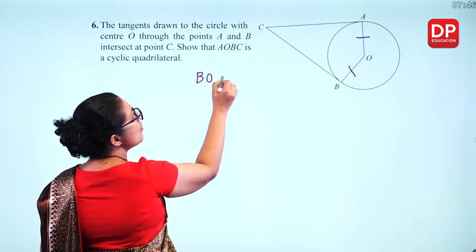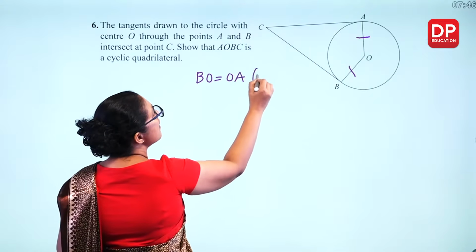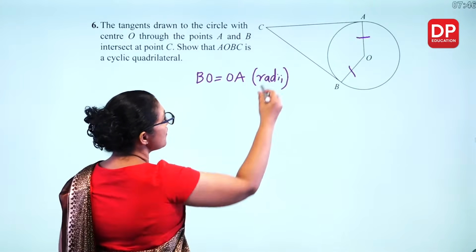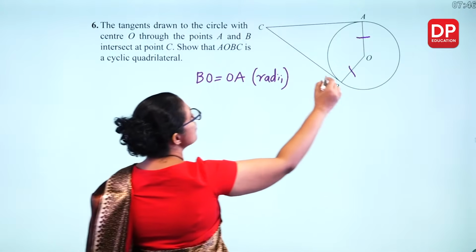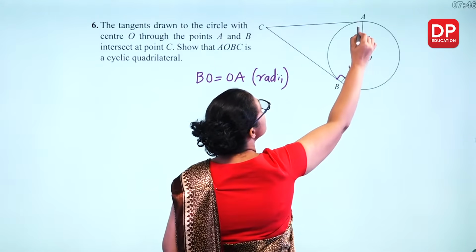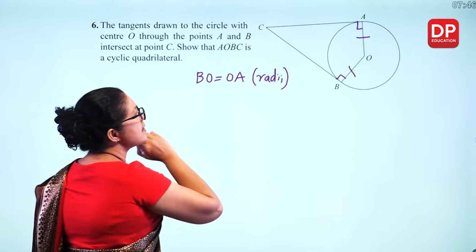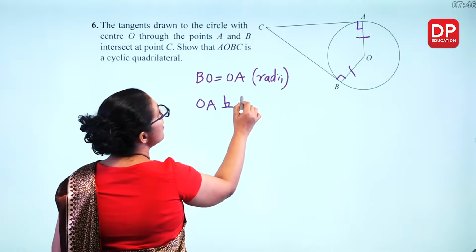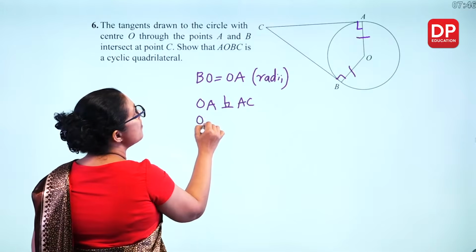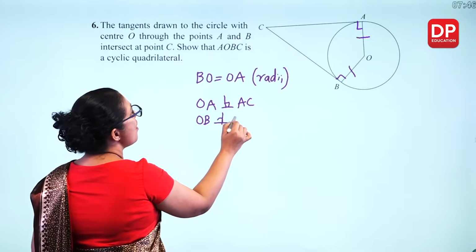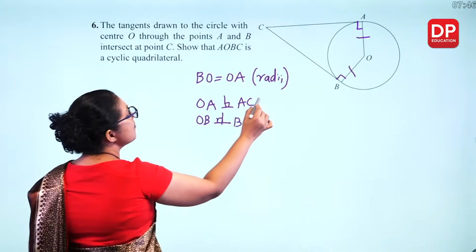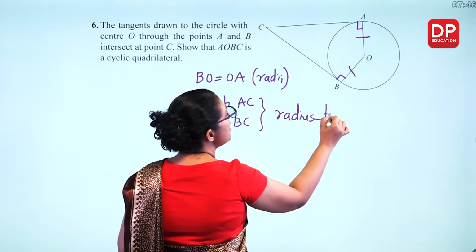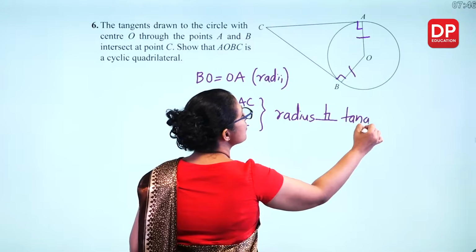OB or BO equals OA, that's radii. And this is the tangent. So this is 90 degrees and this is 90 degrees. OA is perpendicular to AC, OB is perpendicular to BC because of the theorem: the radius is perpendicular to the tangent.